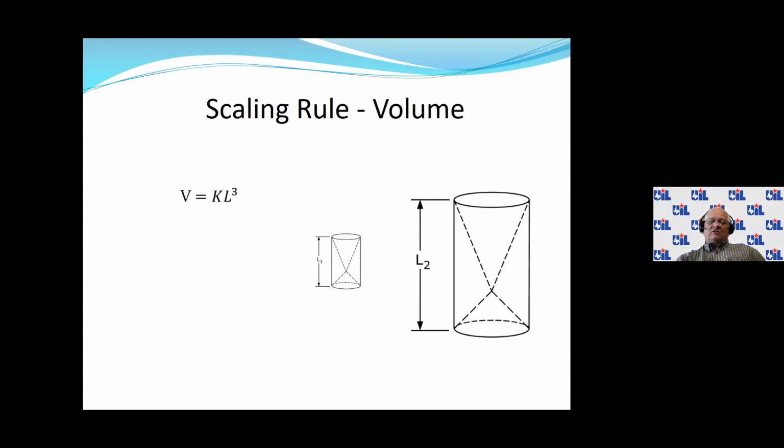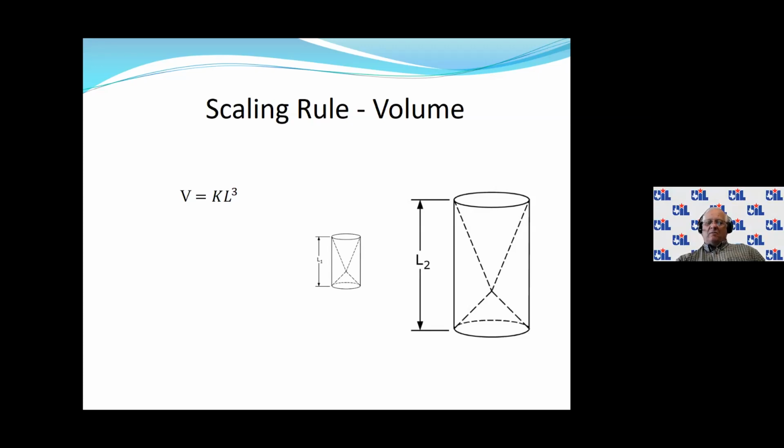In this case, L is the height of the cylinder. The volume would be proportional to the diameter cubed. It would be proportional to one of these slant lengths cubed. It would be proportional to the circumference cubed. Any length dimension on these things, any volume associated with this figure is going to be proportional to any length on this figure cubed.